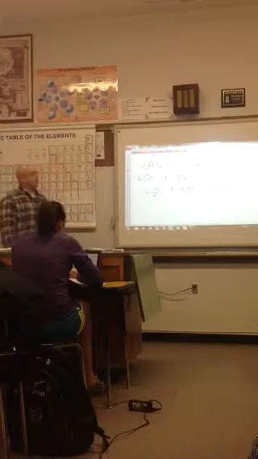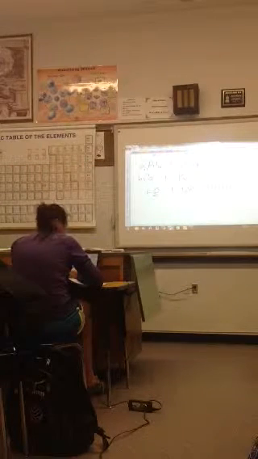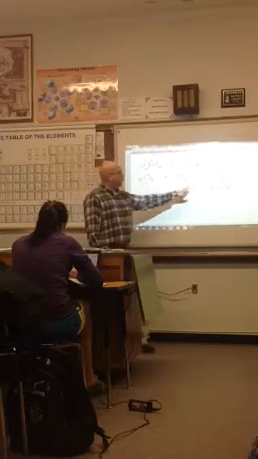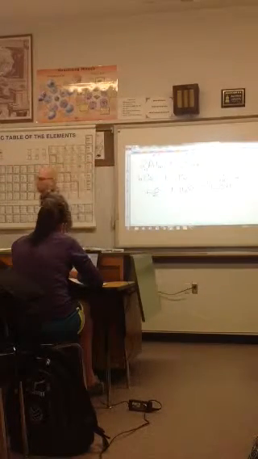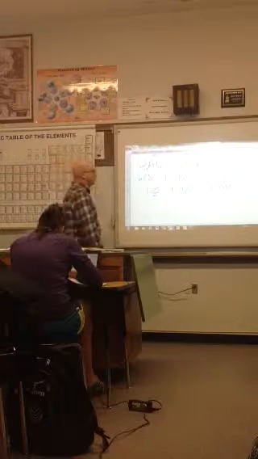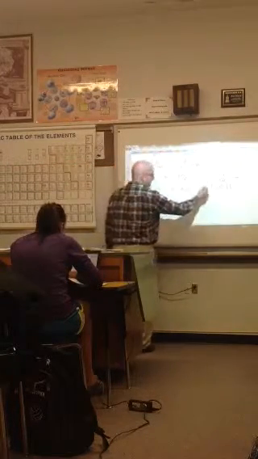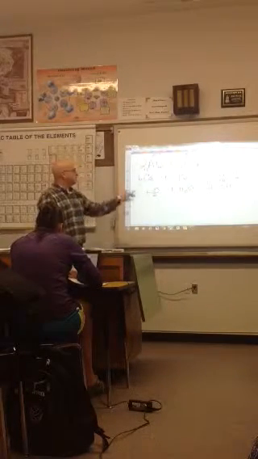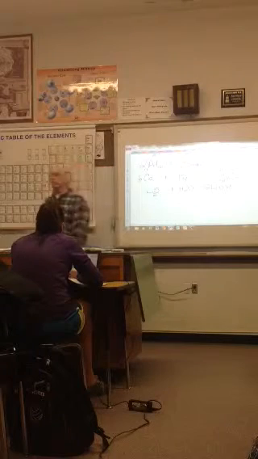Alright, so now I have my formula written correctly. How do I balance? A 2 in front of the water, and 2 in front of the LiOH on the right of the arrow. That gives me 2 lithiums, 2 oxygens, 2 hydrogens.